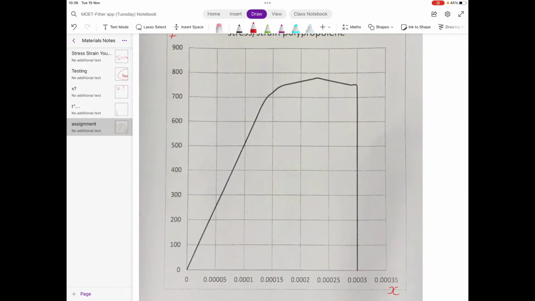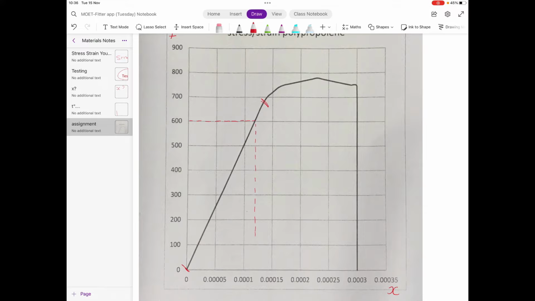Now we can only do this on the straight part of the graph, so anywhere from here to here. Obviously don't pick points too close to zero because that's going to give you more errors, and don't pick points too close to where it goes curved because you risk it being curved. So for me, I'm just going to use a point here at 600, and I'm going to go down.